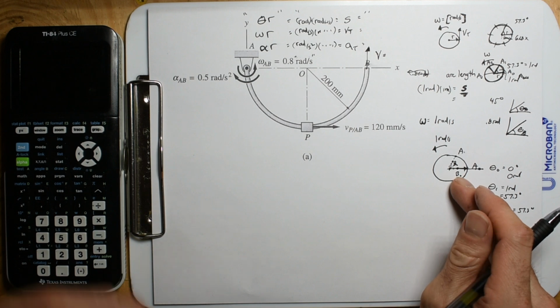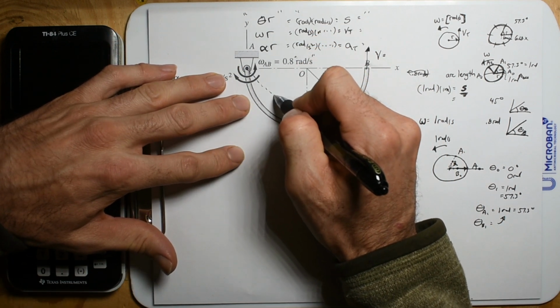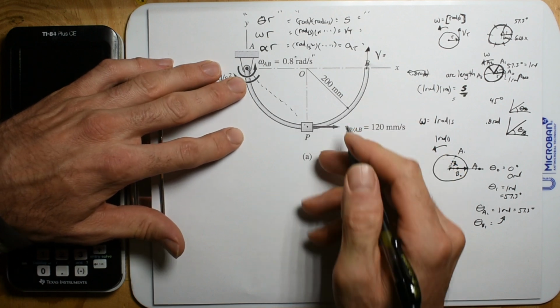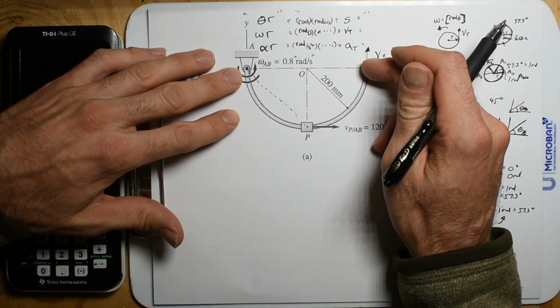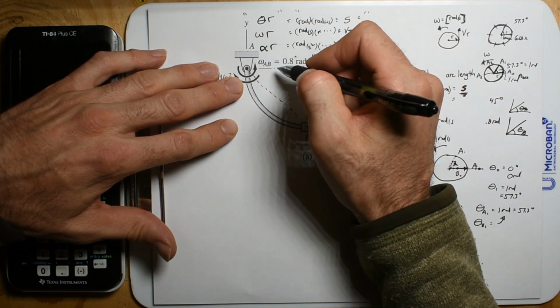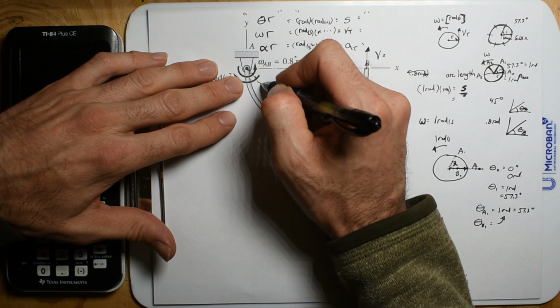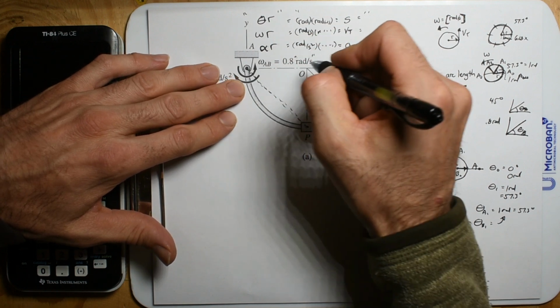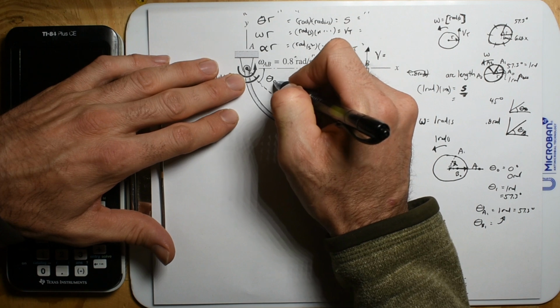So even right here, if I go to point P and run this for a second, the angle is going to change. Let's say this is the initial angle, angle P naught.